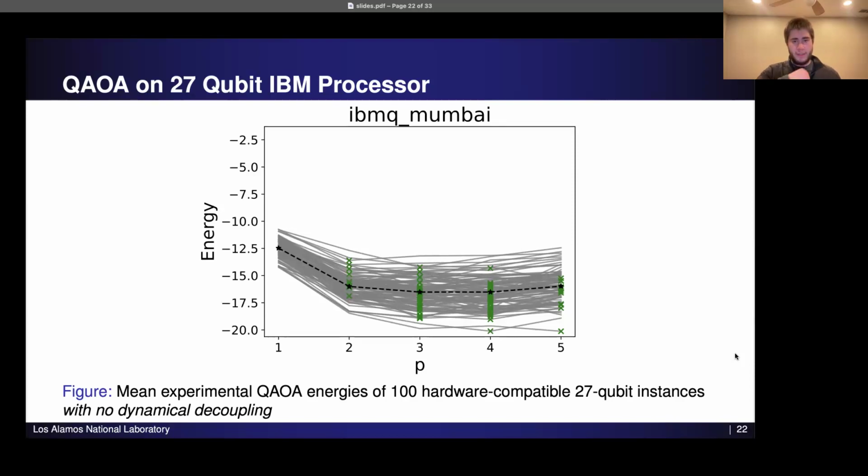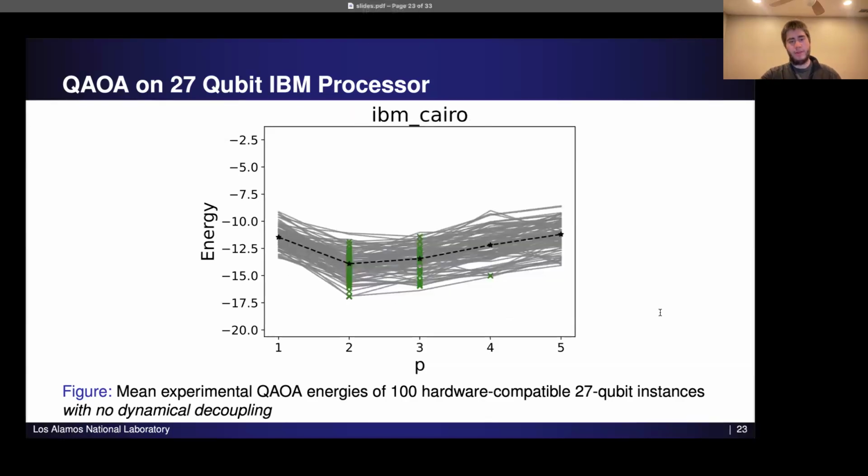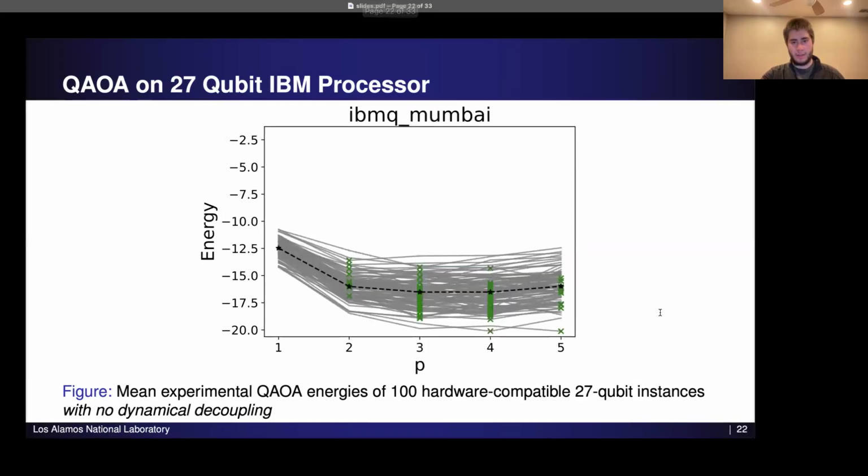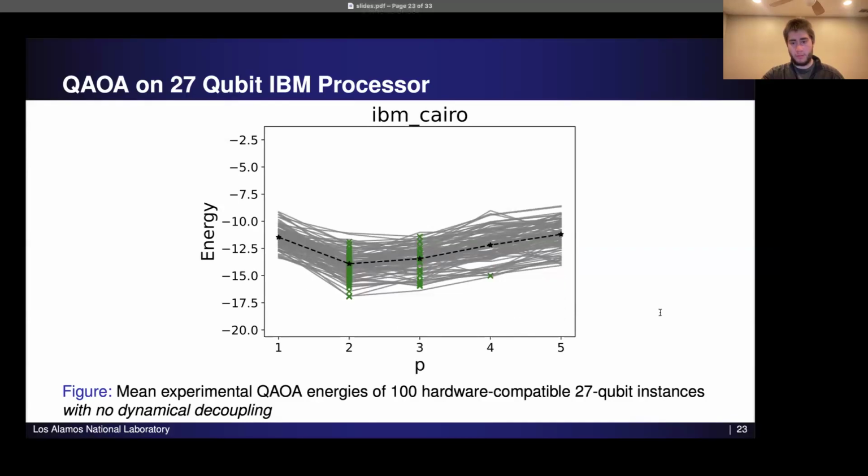Okay, so this is showing a 27 qubit result, same style plot. This is IBM Q Mumbai. This is our best performing 27 qubit processor result. You can see the distribution of green ticks here is more right shifted, which is pretty encouraging. If we go to something like IBM Cairo, you can see that the peak of performance is at about P equals 2 or 3, so not as good performing as IBM Q Mumbai.